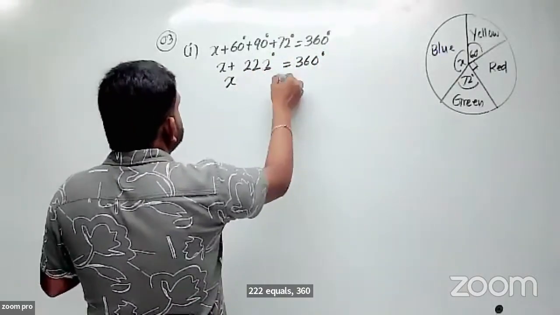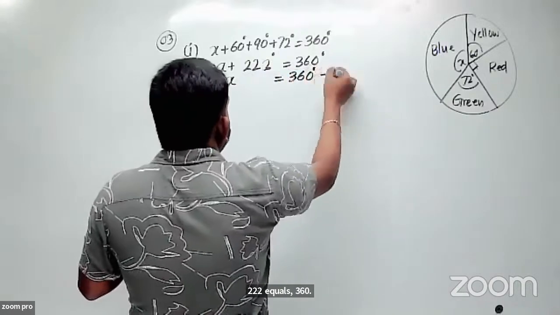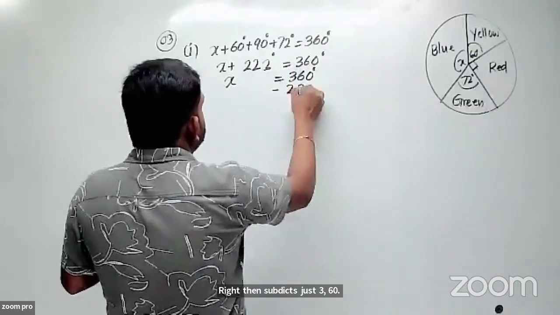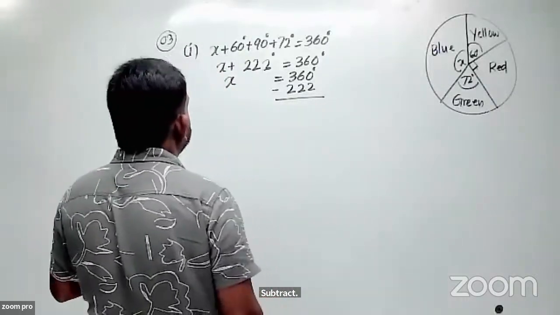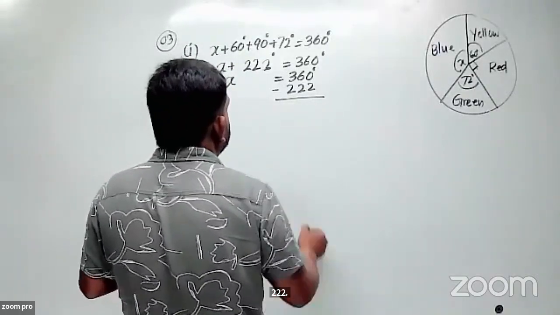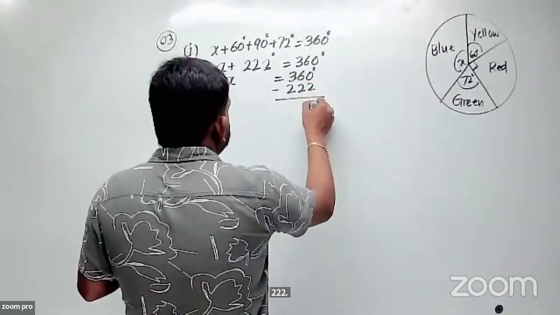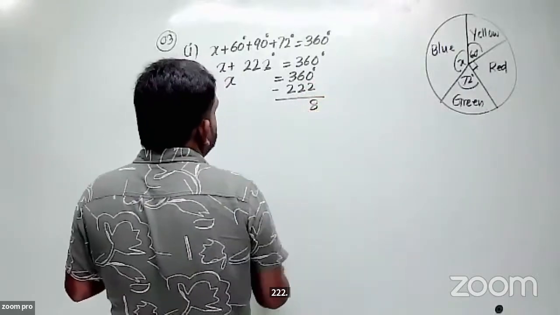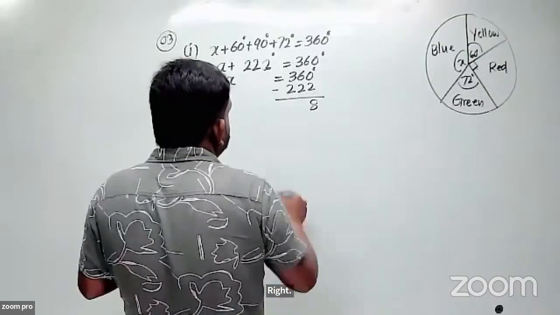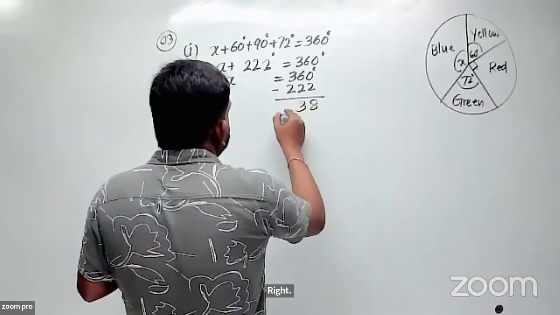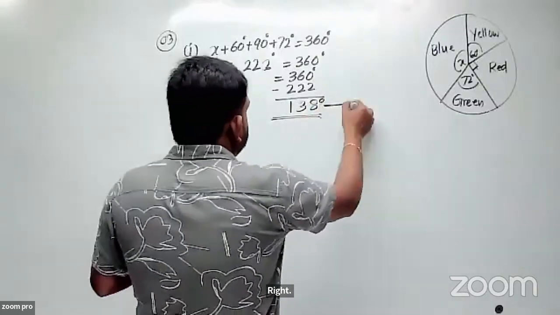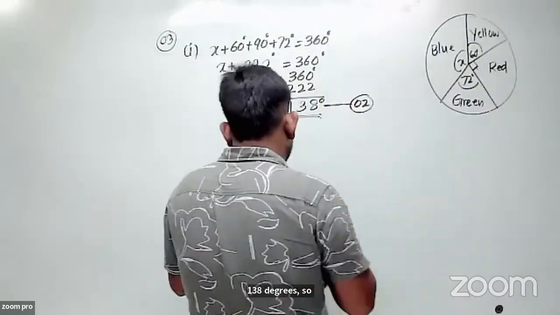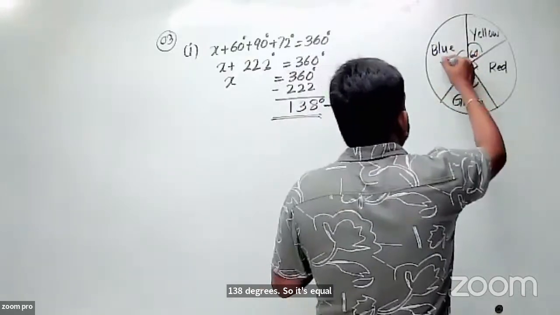Then subject x: 360 subtract 222, that is 138 degrees. So x equals 138 degrees. That is 2 marks.